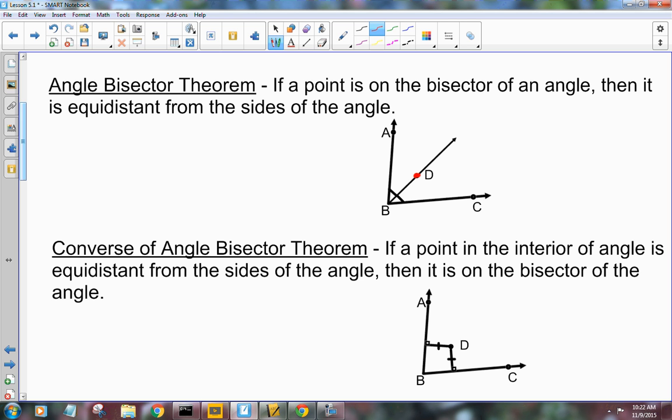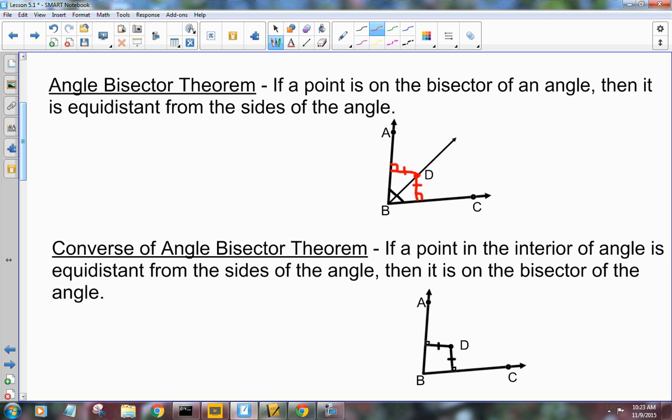Now, when you talk about the distance between a point and a line, it's always the perpendicular distance. So this point here is going to be the same distance from both of those rays, from both of those sides. That's what the angle bisector theorem tells us.